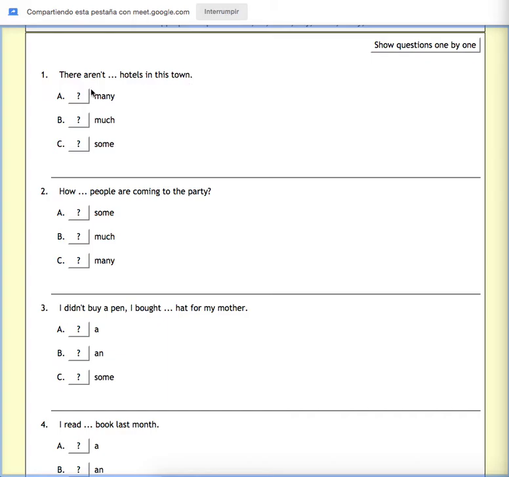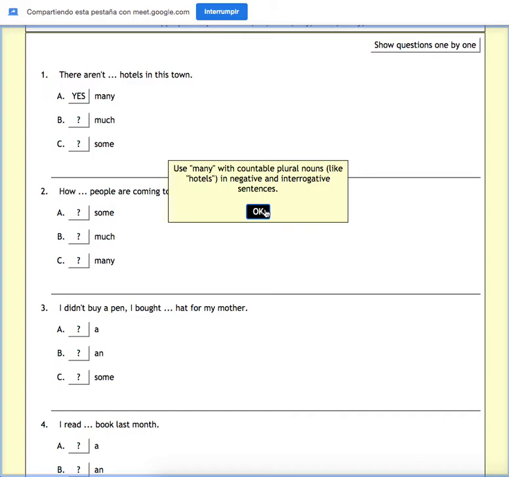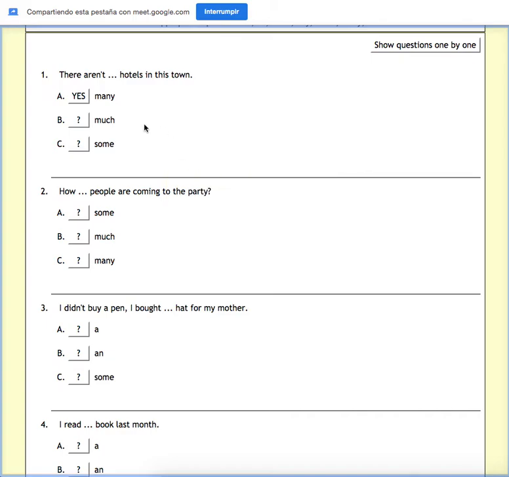What can you use? Many, much, or some? Tell me, baby. There aren't many hotels in this town. Let's check. Very good. With many, with countable plural nouns like hotels. Perfect.